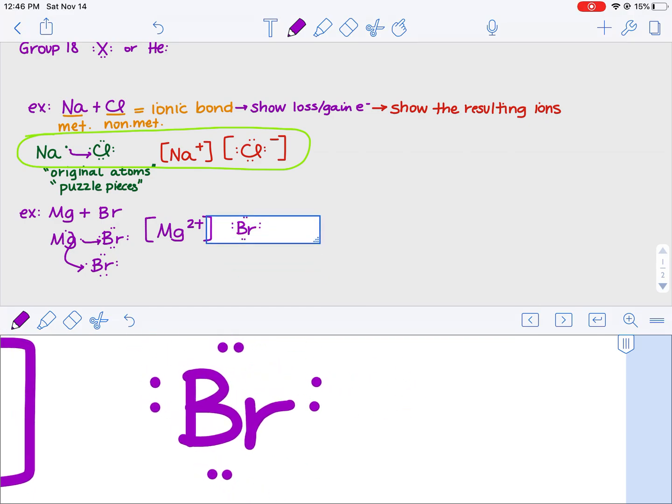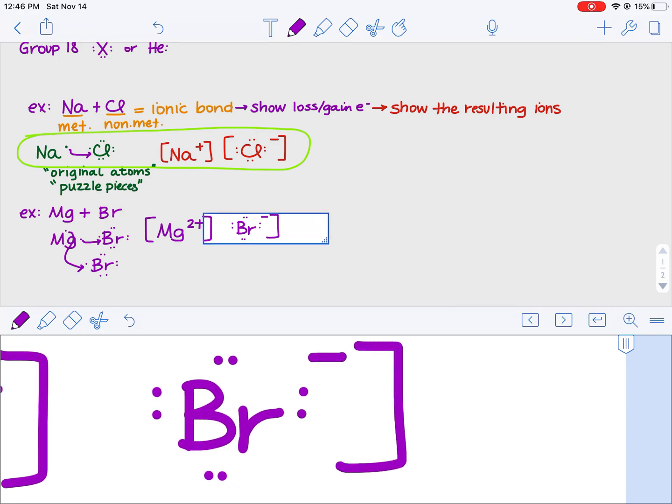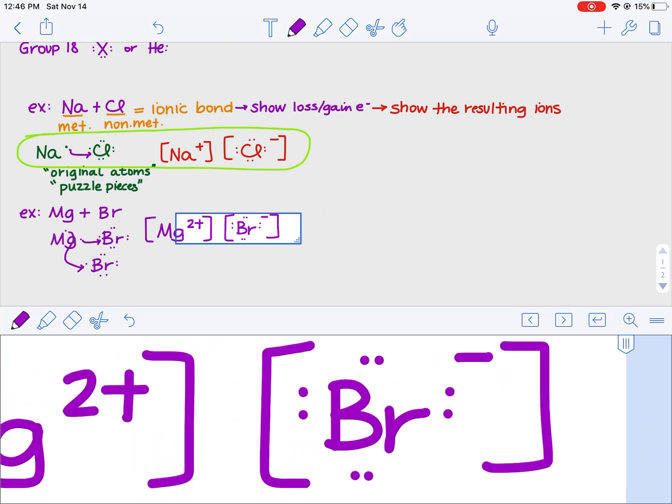The bromine puzzle piece, because it's gained an electron, now has a -1 charge. I will put that in brackets, but the only way that that worked was if I had 2 bromine atoms. So I will then put a 2 outside of the brackets as a coefficient.